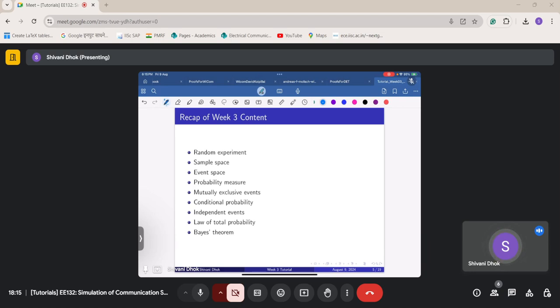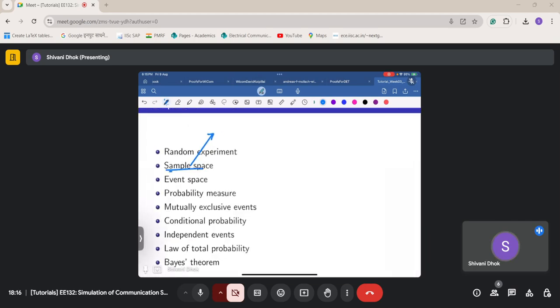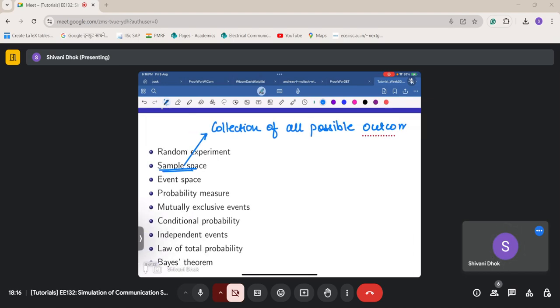So the sample space is a set, or let's say a collection, of all possible outcomes. When a trial of that random experiment is done, one outcome from this sample space will come. However, before running that experiment, we don't know what outcome will be coming, and that is the randomness that comes up.